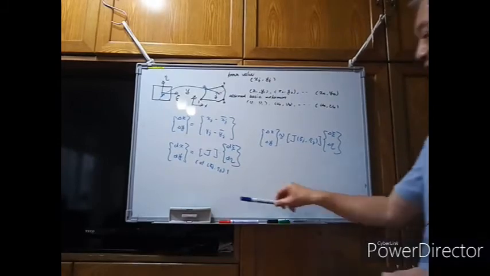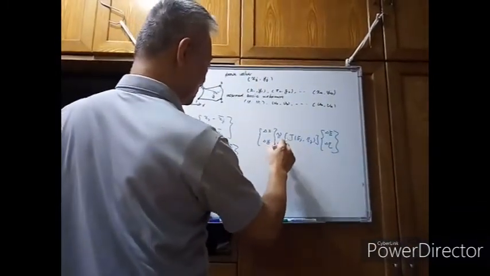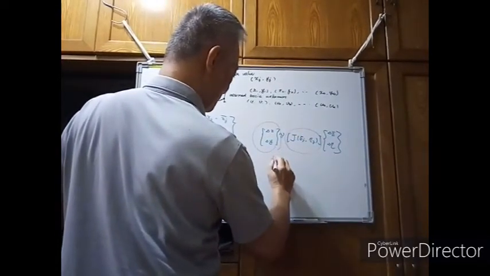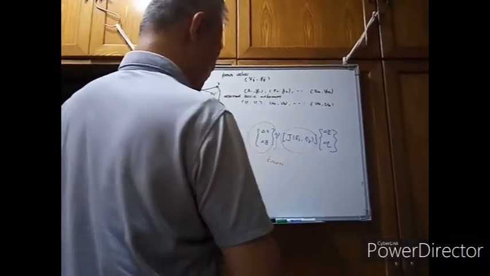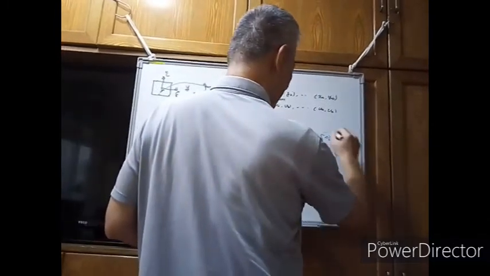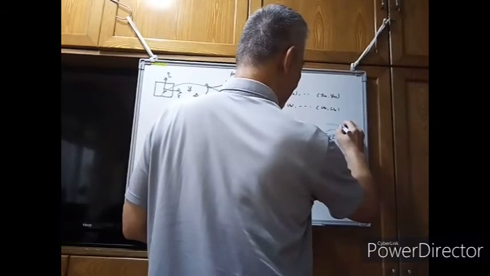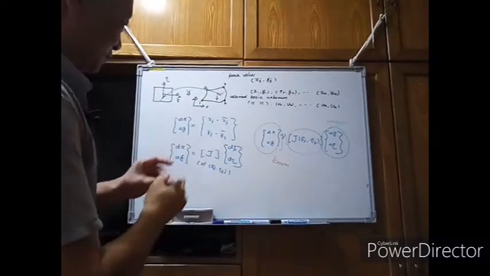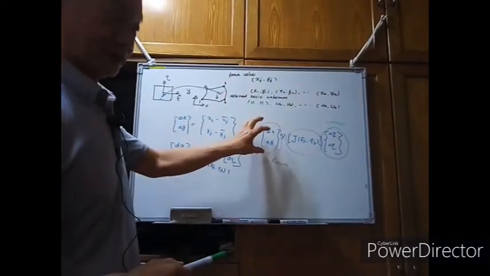Okay, which one is known? This one is known. This one is known. And which one is unknown? Since we can calculate this one, delta x and delta y can be calculated.